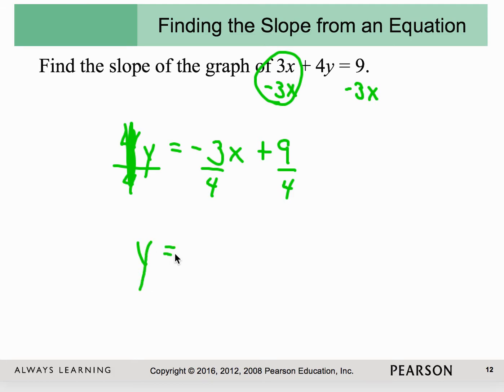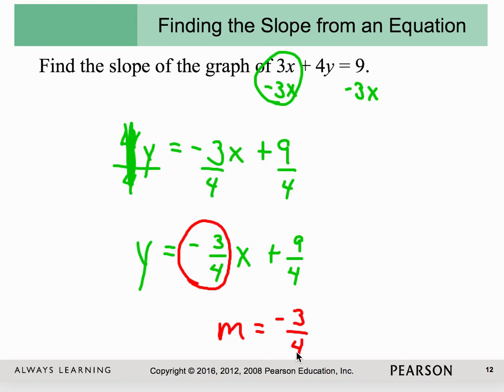So y equals -3/4 x plus 9/4. If I have an equation solved for y, this number in front of the x, the coefficient of the x, that is my slope. Not including the x, a slope is a number, just the numerical part of that term.